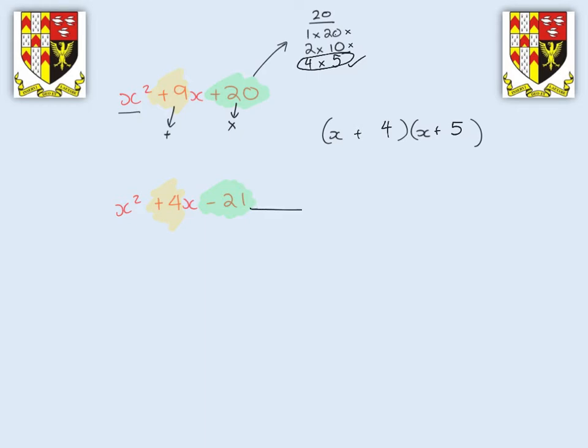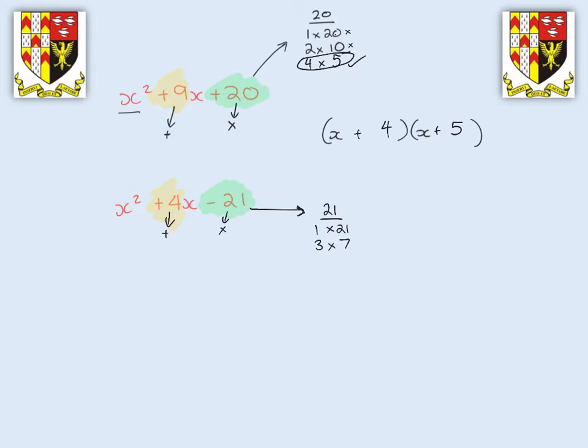This one is slightly more difficult because we've got a negative product instead. But what we can do is look at the numbers that multiply together to get minus 21. Some people will do this in slightly different ways. I'll just focus on the positive factors of 21 first of all: 1 times 21 or 3 times 7.